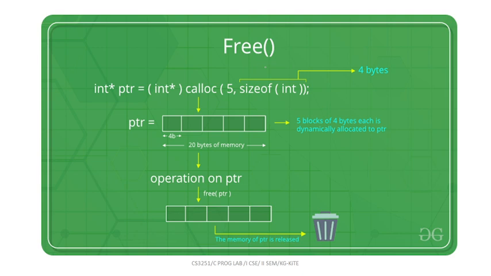For example, here we allocate memory using the calloc function, and its address is stored in the variable PTR. After the allocation, we may use this memory for storing data, receiving, processing, whatever the operation may be. After using these memory locations, we need to free them, so that the memory will be available when we execute another program.